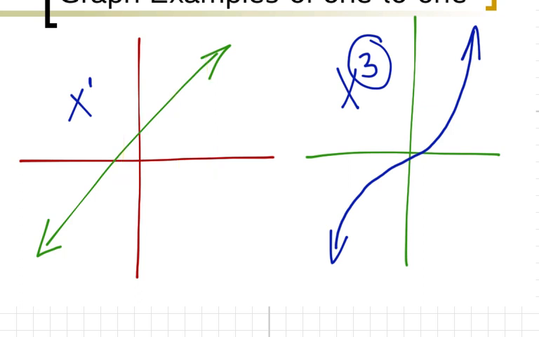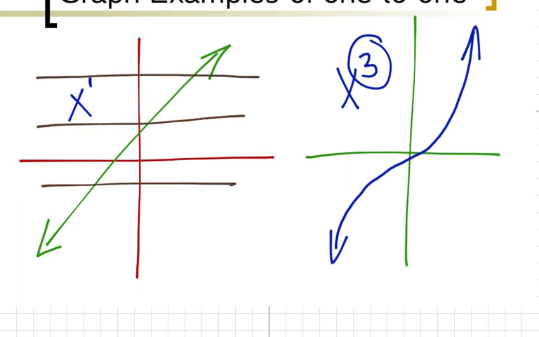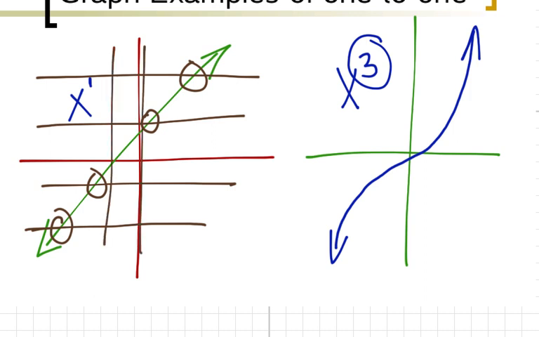Well, now we've got the new test. It passes the vertical line test, and it also needs to pass what we call the horizontal line test, and we do that by drawing horizontal lines. A horizontal line touches at one place on the graph. So it passes the vertical line test and the horizontal line test, and every one of these lines I draw only touches the graph one time.